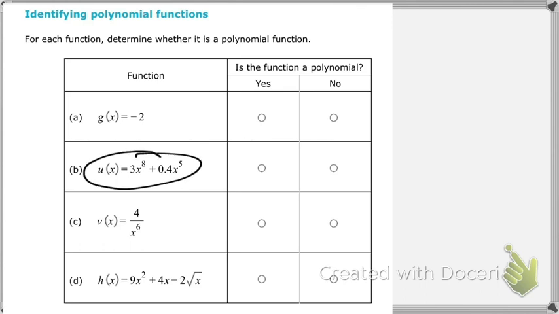That's x to the 8th, x to the 5th. That's fine, that's a polynomial. This one starts off looking good, but then that radical messes it up. Radical, not a polynomial. We're only dealing with powers of x. Furthermore, we're only dealing with powers of x in the numerator. So x to the 6th in the denominator, not a polynomial.